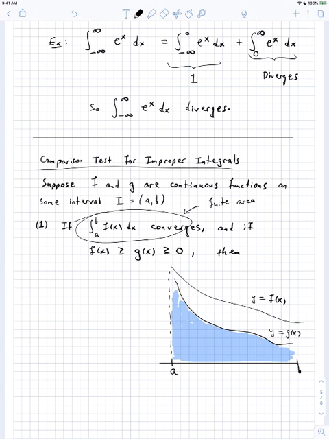And if it has a finite area, then the smaller area, which is shaded blue here, is finite too. So our conclusion is that if the integral from a to b of f of x dx converges, then so does the integral from a to b of g of x dx. Then this converges as well.